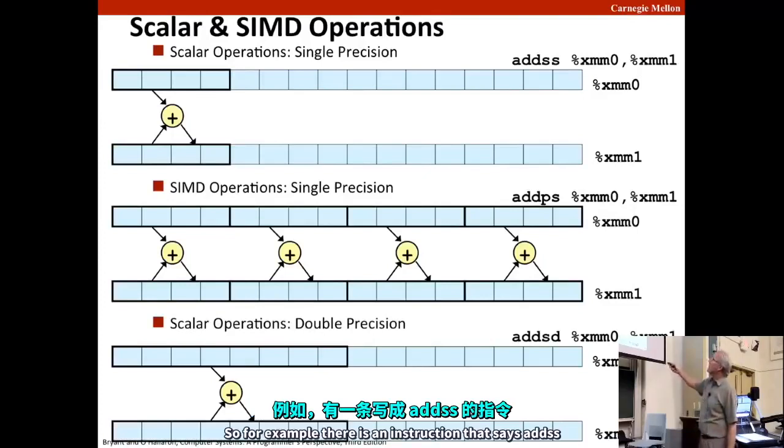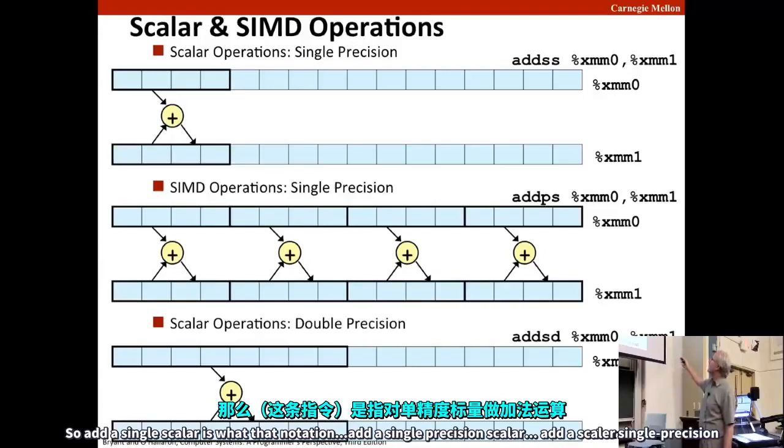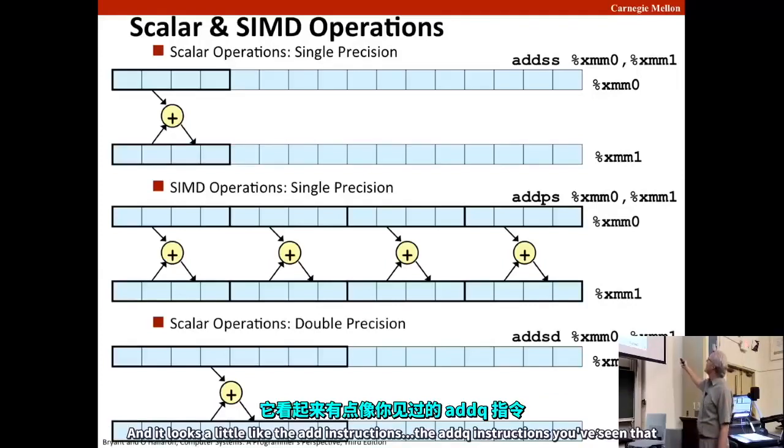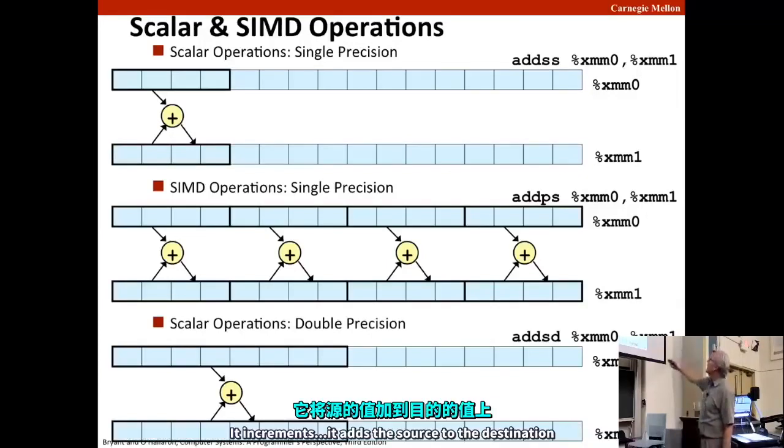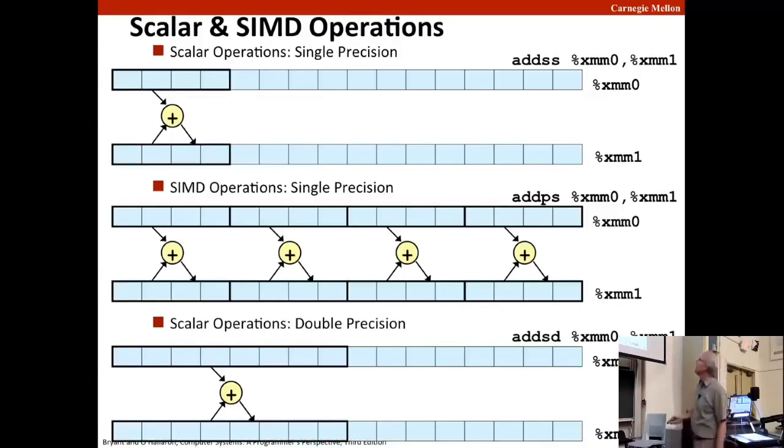For example, there is an instruction, addss, which adds a scalar single precision. It looks a little like the addq instructions you've seen, in that it adds the source to the destination.